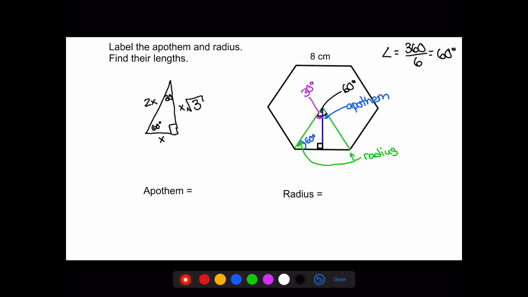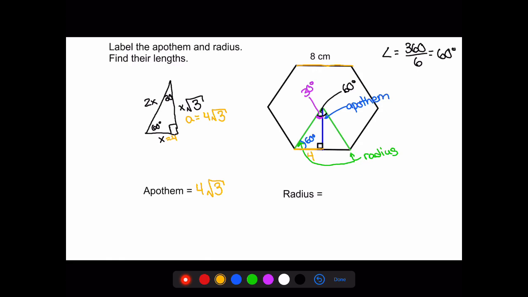Now in this case, if we're looking at this, we notice that our top length up here is 8. So that means that the bottom here, opposite of 30, is 4. So x is equal to 4, which means that our apothem is equal to 4 radical 3. So we can go ahead and put that, 4 radical 3. And then lastly, we need to find our radius length.